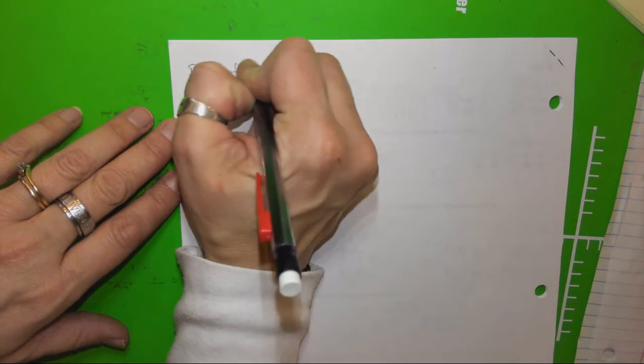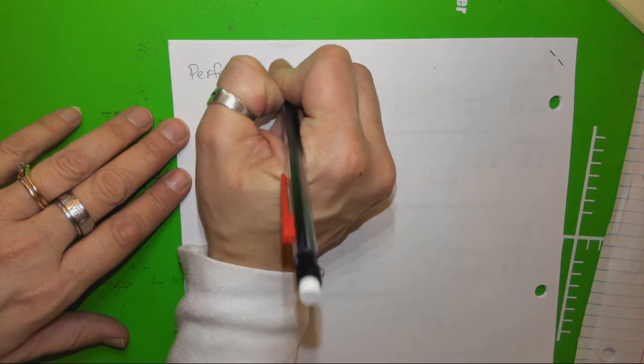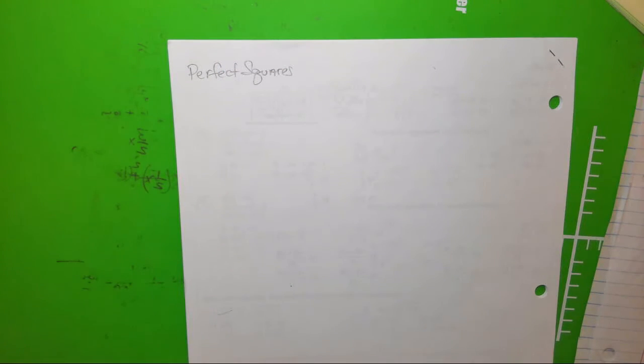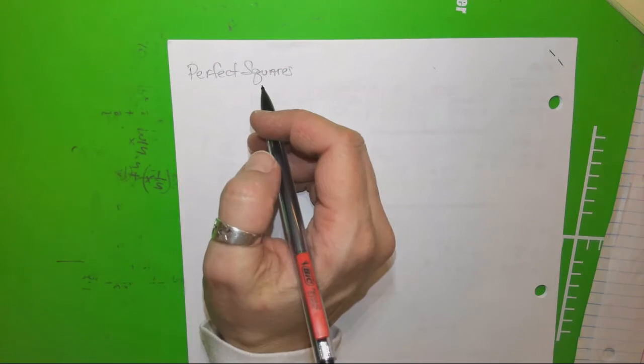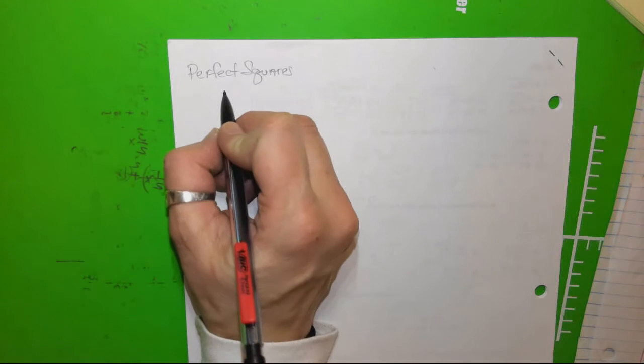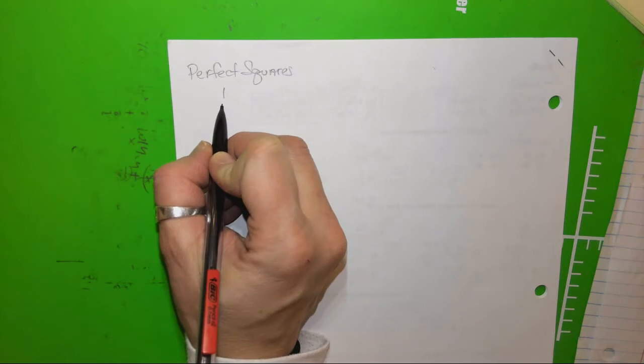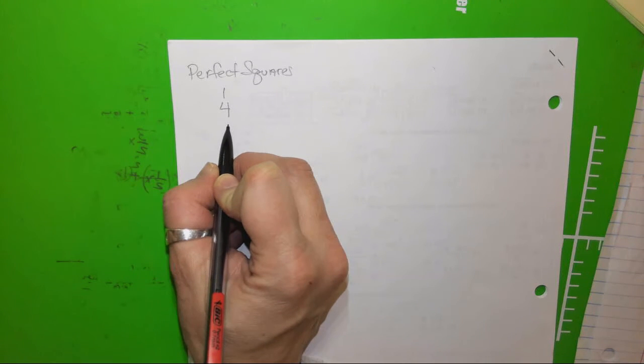So perfect squares. Can somebody give me a couple? Or what would the first perfect square be? What did we say? 1. Okay, give me some more. 4.